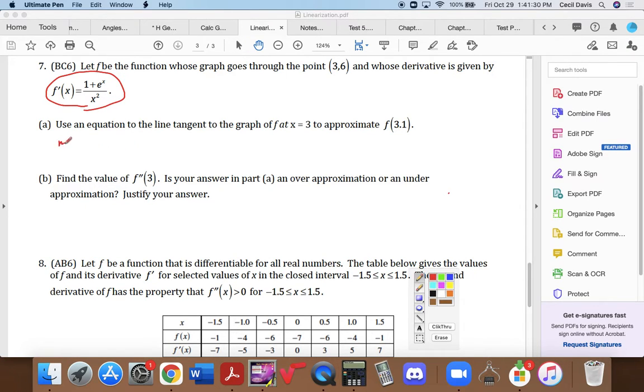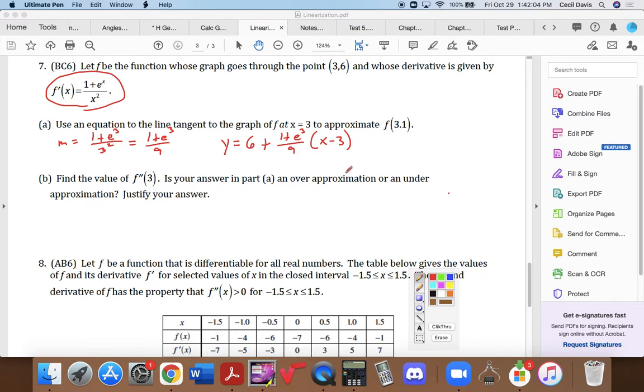So the slope will be 1 plus e to the third over 3 squared. I just left it like that. So then my tangent line approximation is going to be y is equal to, we know the y coordinate was 6, plus 1 plus e to the third over 9 times x minus 3.